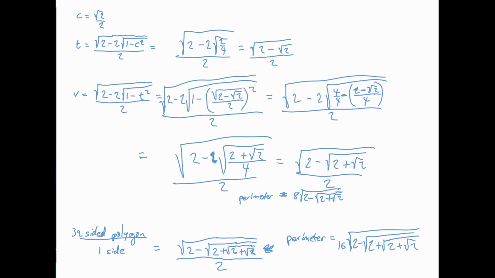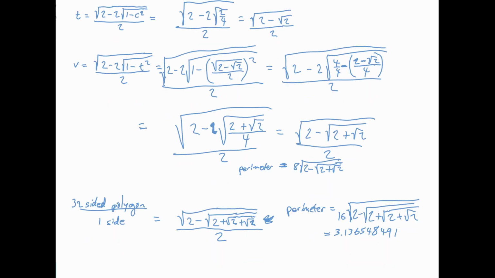And let's see what that would more or less come out to in the calculator. It turns out that comes out to 3.136548491. So we can see we're getting closer now to the value of pi.